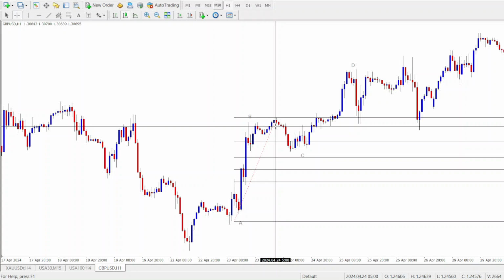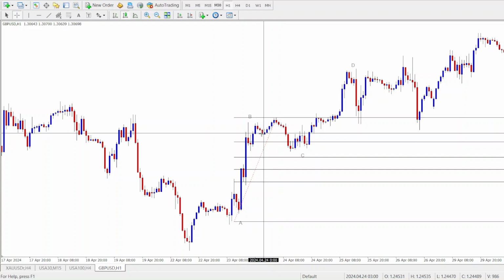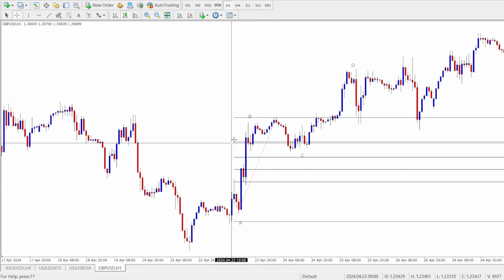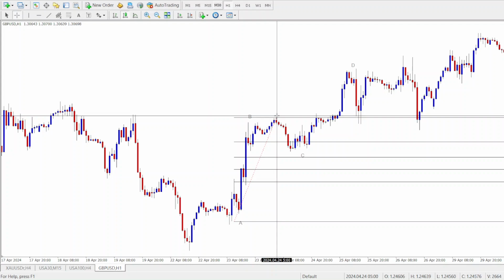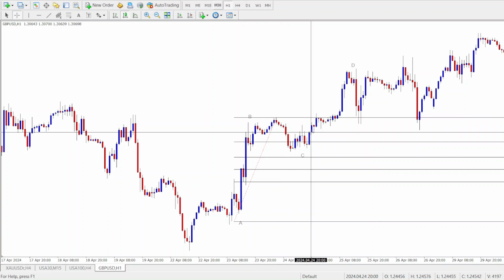About 5 o'clock the next day. That's close to 24 hours. That's 4 hours away from 9 o'clock. That's 20 hours, right? 20 hours.